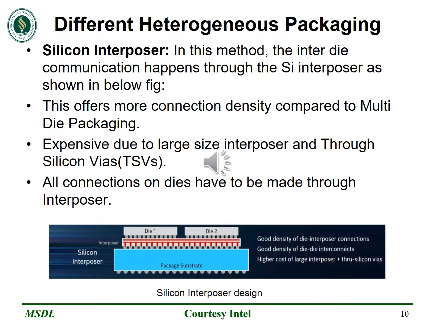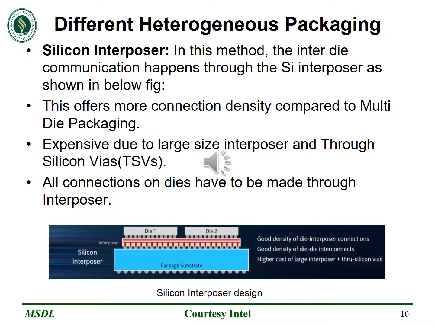In this method, the inter-die communications happen through the silicon interposer as shown in the figure. Here we can see die 1 and die 2 are connected with the interposer. Even if there are other dies like die 3, die 4, whatever the dies, all the dies have to be connected with the interposer here.